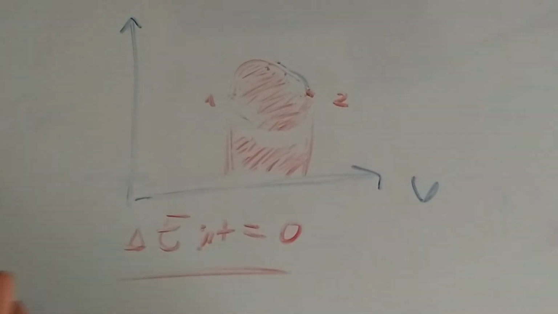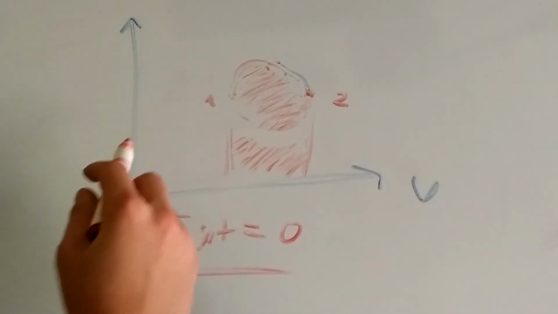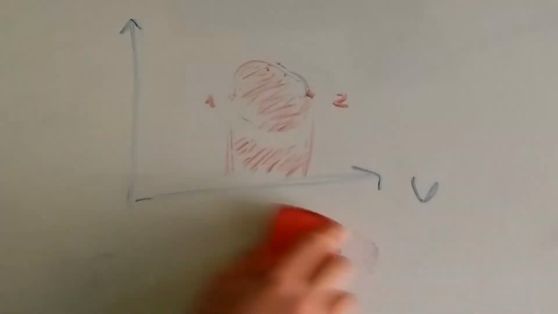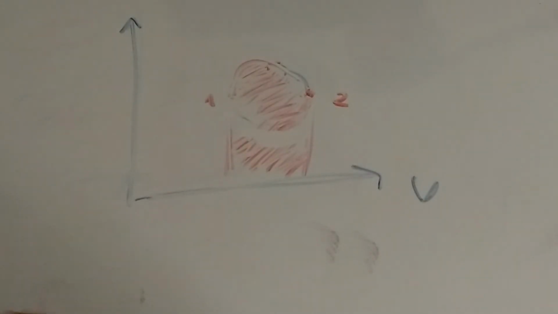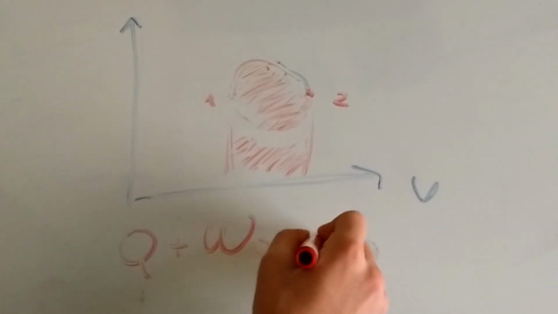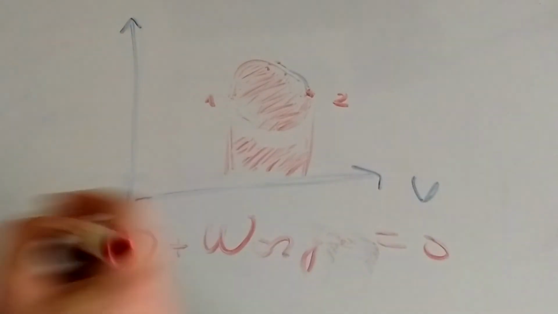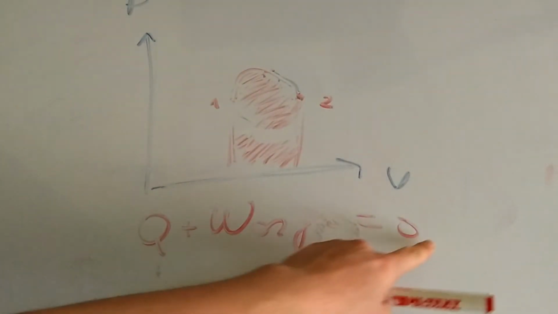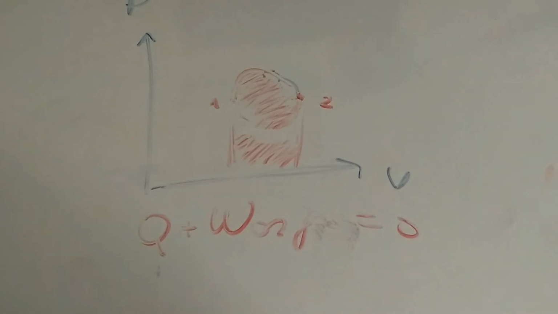So since the change in internal energy is 0, what we can say for the work and heat is that heat plus work done on the gas is equal to 0. So if I take the work done on the gas to the other side, I get a negative.